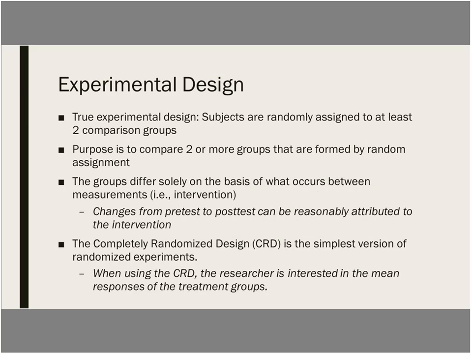So for experimental design, the basic objective is that we take subjects and randomly assign them to at least 2 comparison groups. The purpose is to compare 2 or more groups that are formed by some type of random assignment. The groups solely differ based on the intervention we're going to use and what we're going to be measuring. Then changes from pre-test to post-test can be reasonably attributed to the intervention.